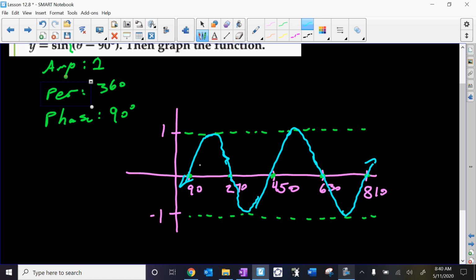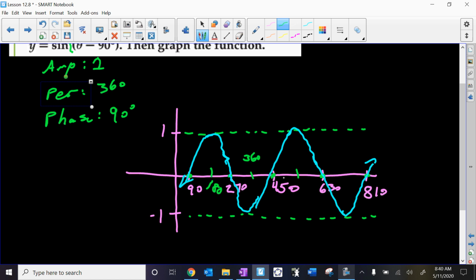If you care to know where these locations are at, up here at the top, it's really halfway between 90 and 270. So you could take 90 plus 270, divide it by 2, and that comes out to 180. You could do the same thing over here, 270 plus 450, to find this value, and it's going to come out to 360.